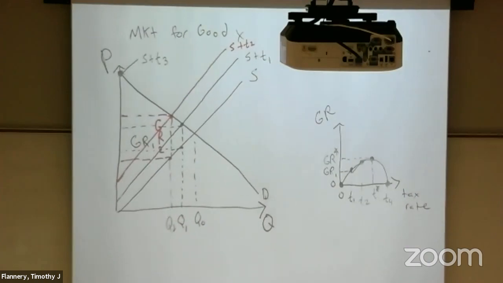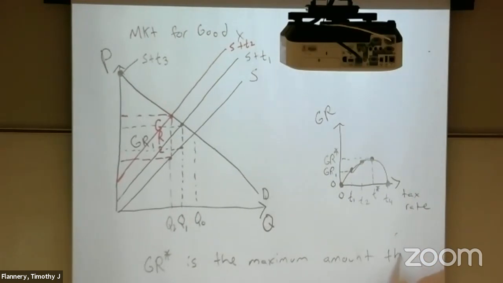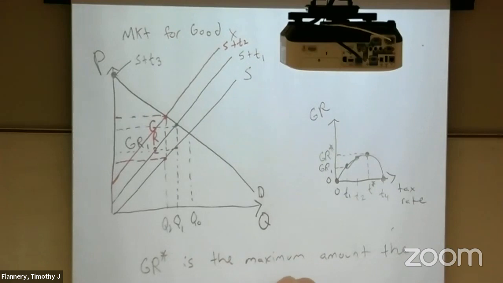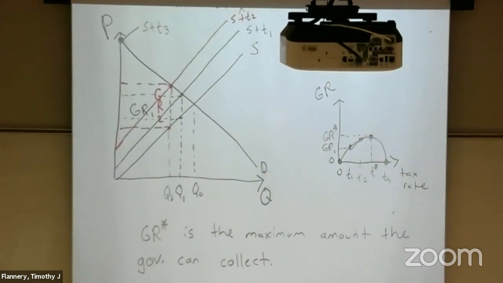So GR star is the maximum amount the government can collect. All right, it's the maximum amount the government can collect.